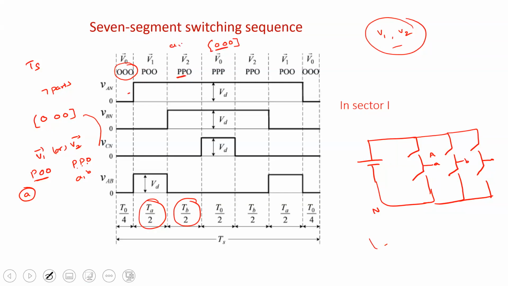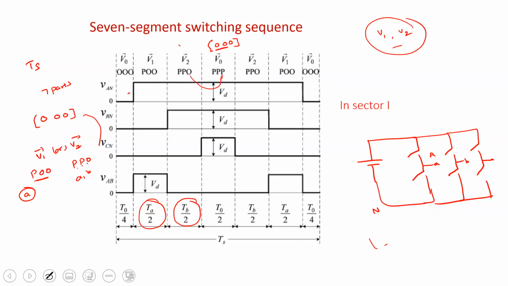So two transitions, A phase and B phase, both are affected now. Therefore, instead of that, we have another alternative. Instead of 000, we can choose this PPP, so that only the C phase is affected.